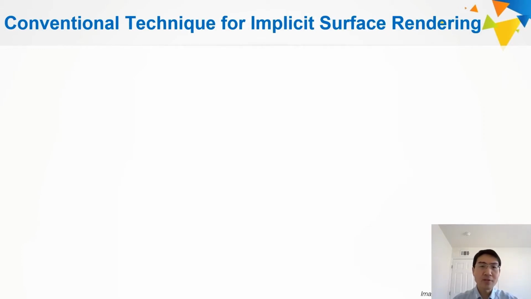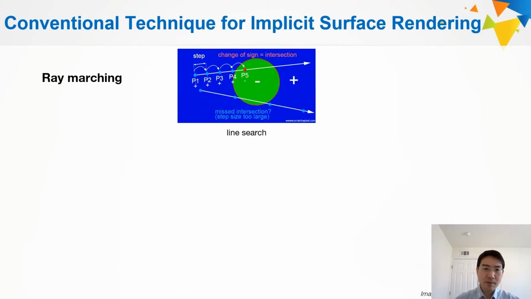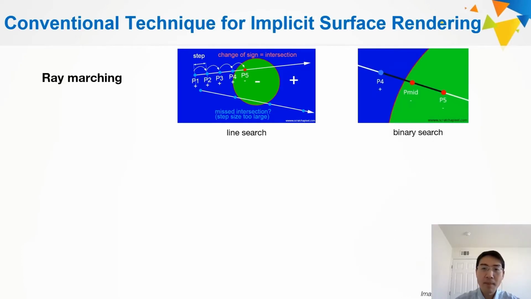Let's see the conventional techniques. How do we render the implicit surface? This is a ray marching method. We have a point and a ray, and we check the steps until we find a change of sign, so we know there may be an intersection.